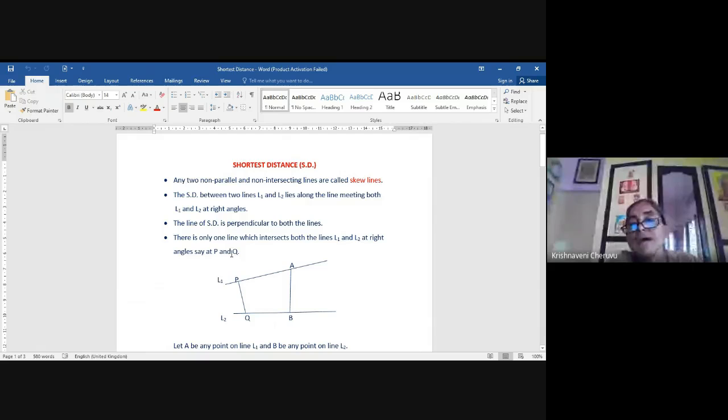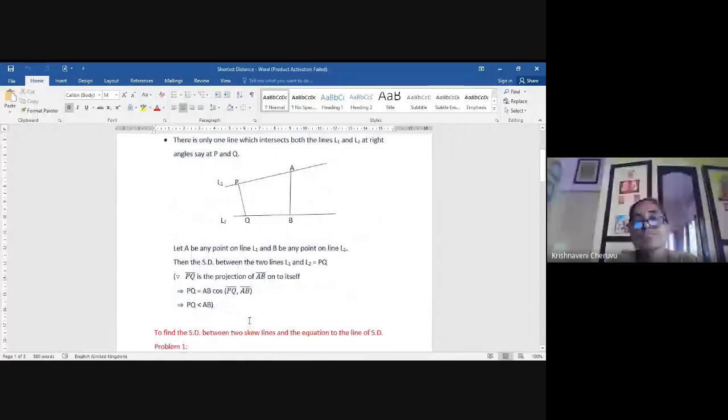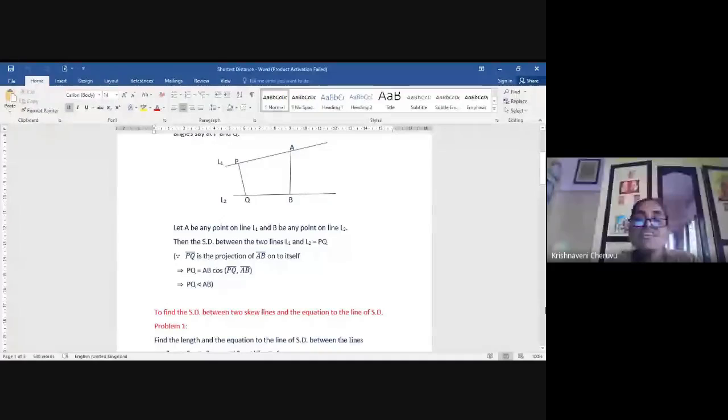So there is only one line which intersects both L1 and L2 at right angles, at the point P and at the point Q. Now, girls, let us take any other point on the line L1 and any other point on the line L2, say B. How can you confirm that PQ is the shortest distance between the lines L1 and L2?